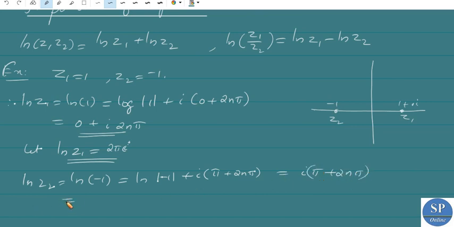Let ln z2 be equal to i pi, or pi i, when n equal to 0.